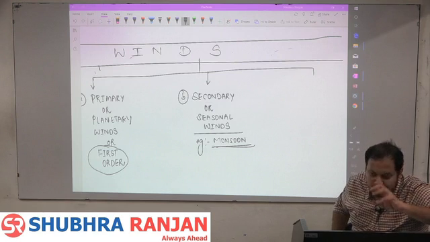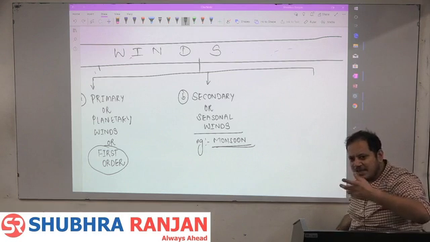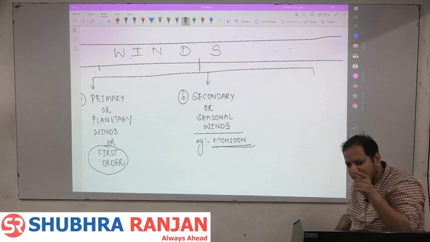And the third wind, which is land and sea breeze, is caused due to local level changes.